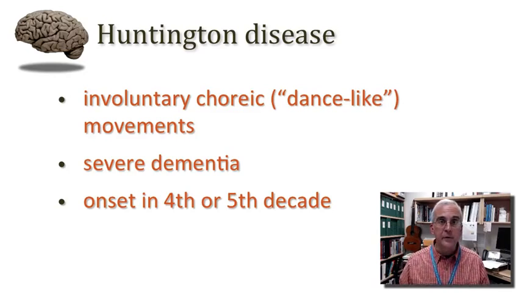But what we do know is that with Huntington disease, there is widespread neuronal degeneration, and among the first structures to experience degeneration are the medium spiny neurons of the striatum that express D2 dopamine receptors. And that would be the neurons that give rise to the indirect pathway in the basal ganglia.